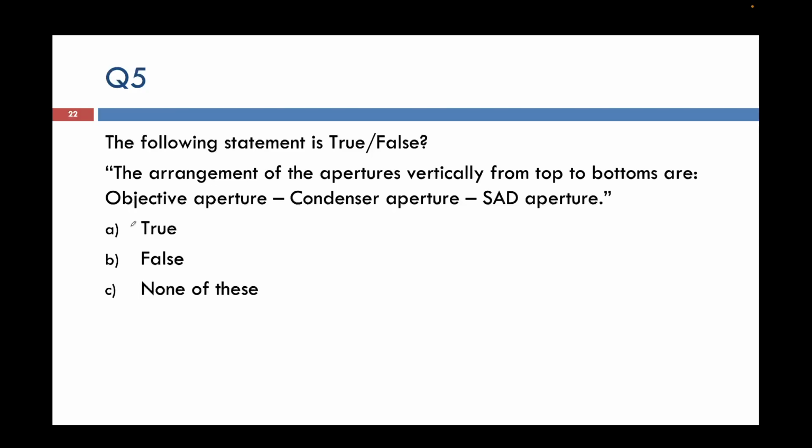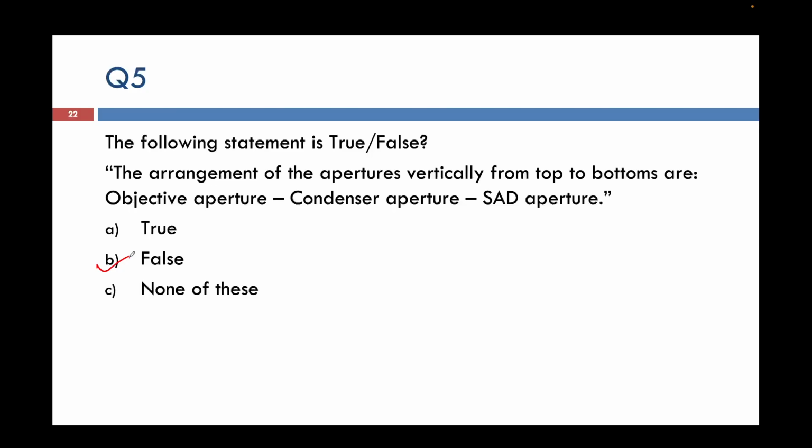And the fifth statement is: the arrangement of apertures vertically from top to bottom is objective aperture, condenser aperture, SAD aperture. If you have seen the demonstration of the TEM in the video, you can tell this is false.